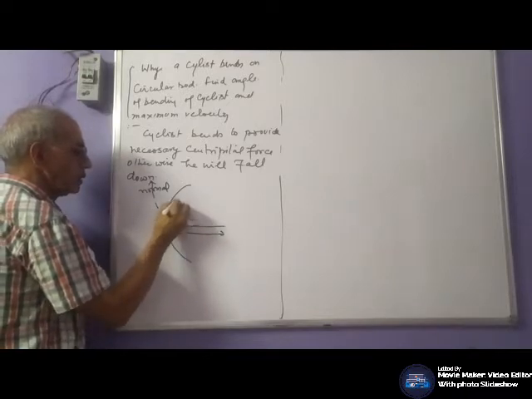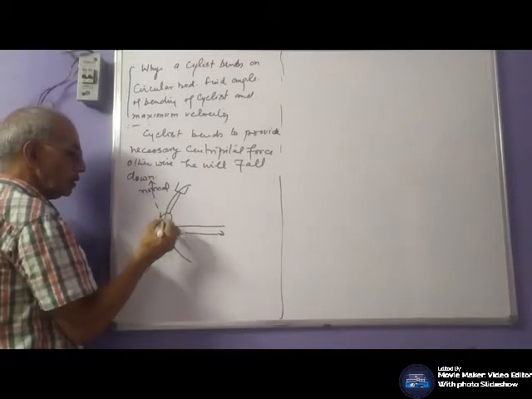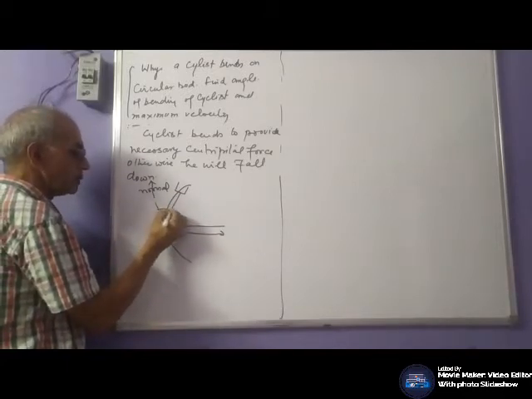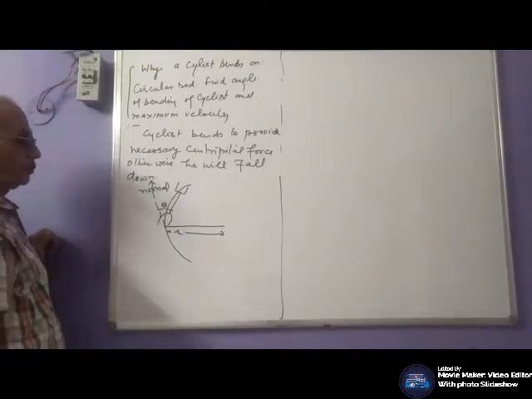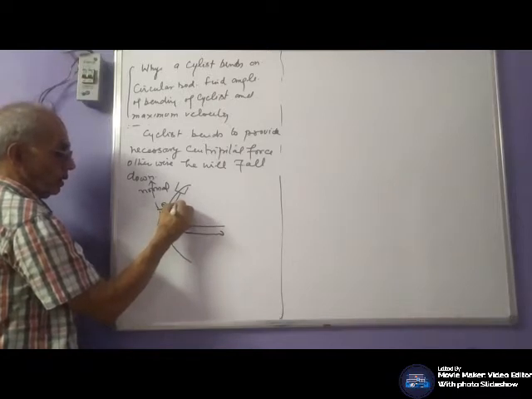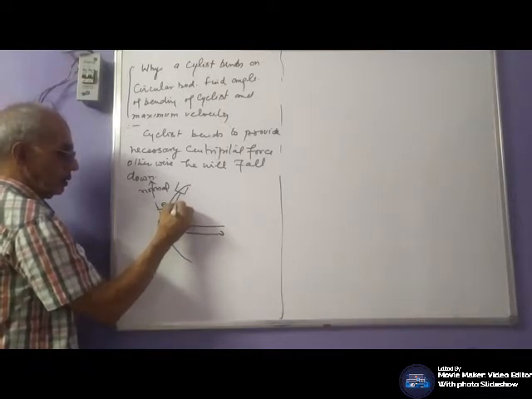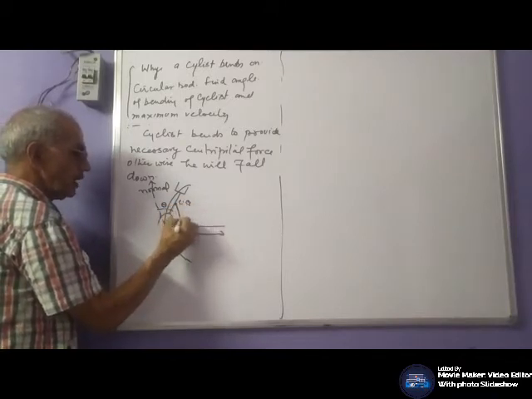This is that cyclist. He bends at an angle, say theta. This is the center of gravity, CG.